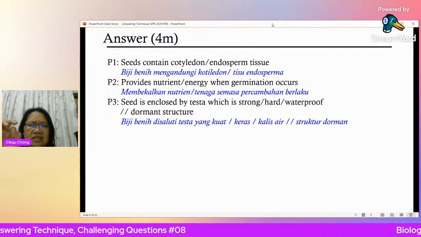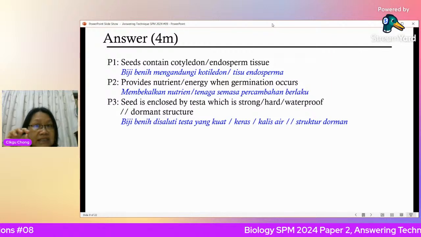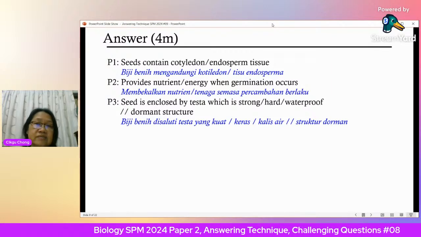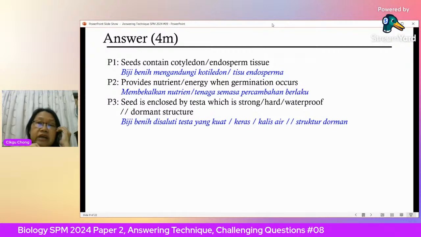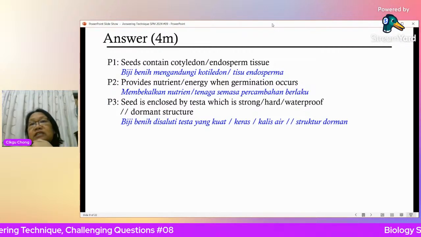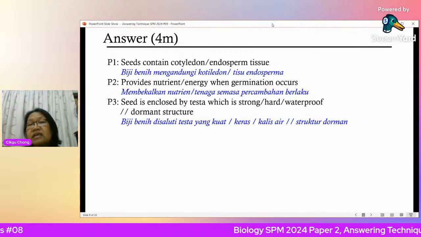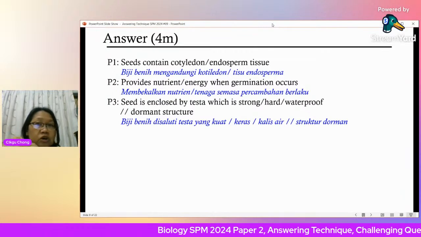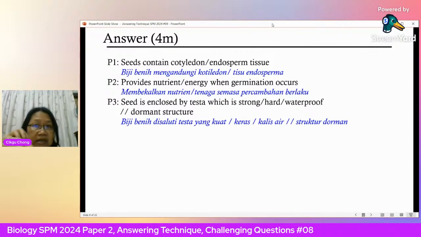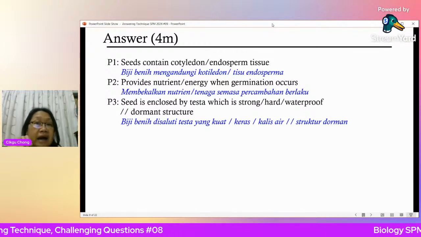If you eat any small little seed, it will actually remain the seed, which is the embryo and the cotyledon, undigested, because the testa is so strong that it can resist the action of the enzymes, the hydrochloric acid and the pepsin. So it does not break down the testa. So it protects the seed and the seed will be unharmed actually.